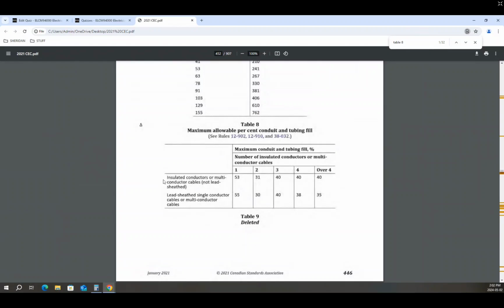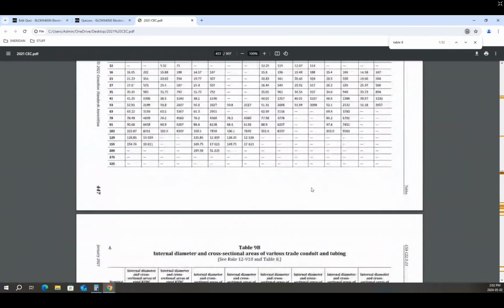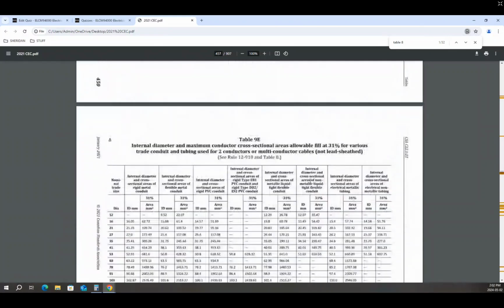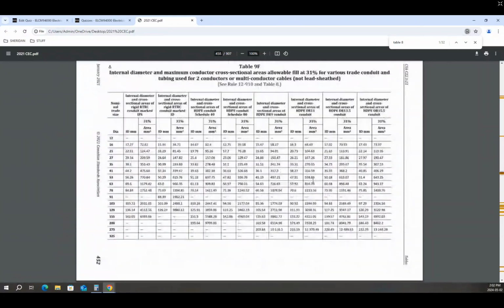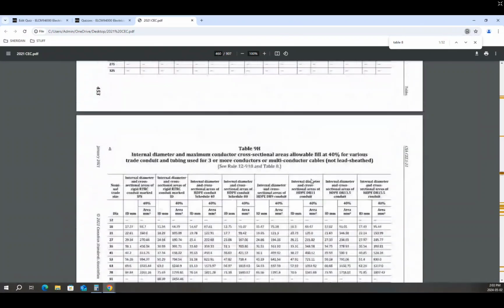Number of insulated conductors or multi-conductors, I got 3. Insulated conductors or multi-conductors, not lead sheath. So I can go 40%. And then I want to go to table 9G.